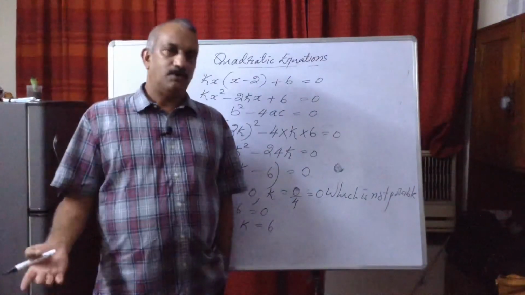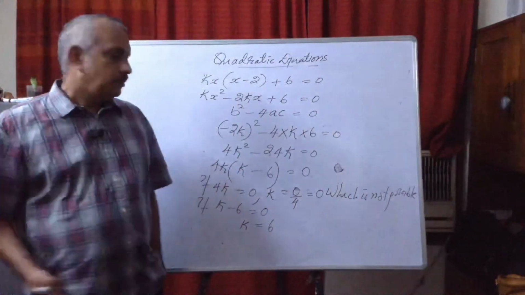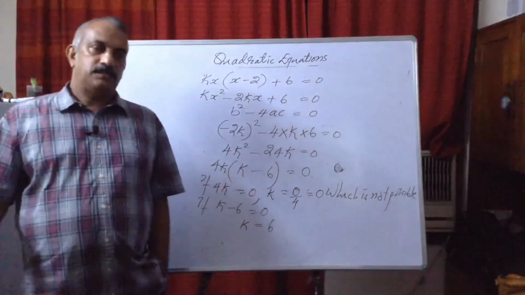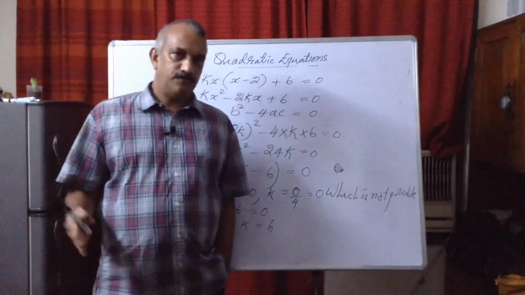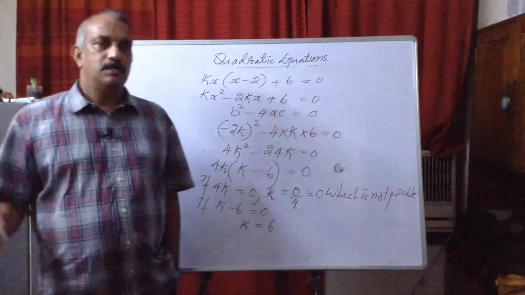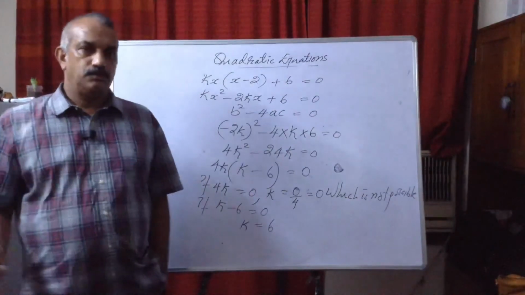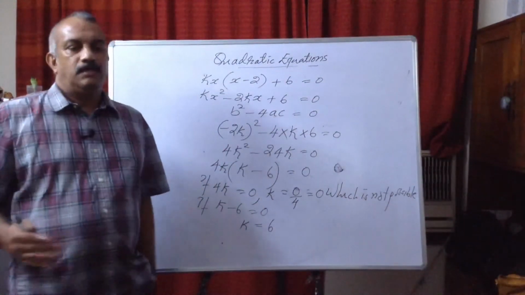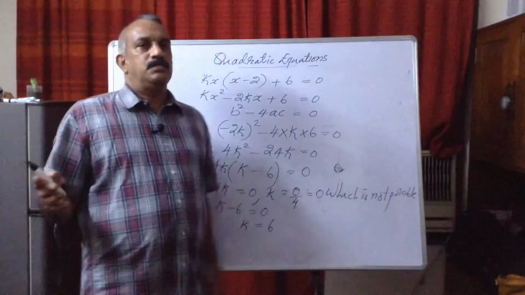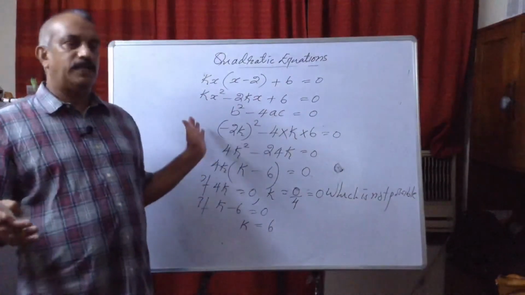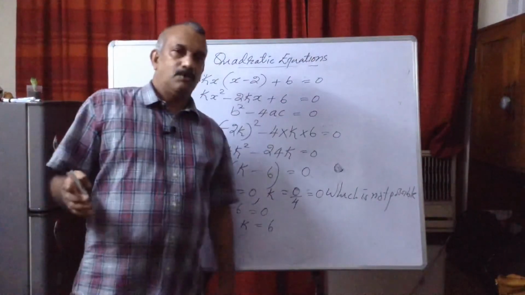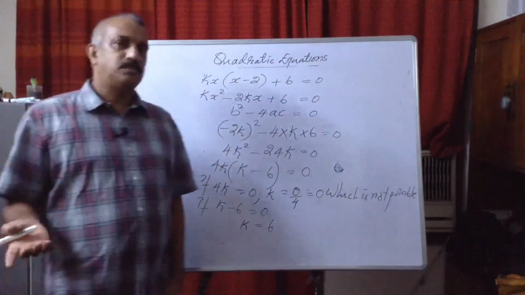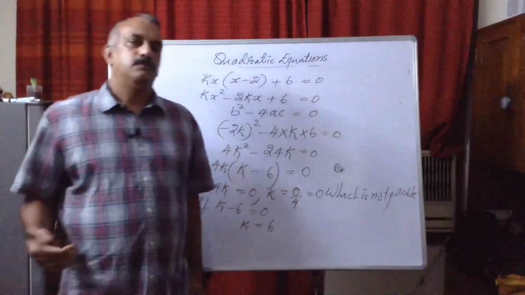Second is the quadratic formula: x is equal to minus b plus or minus square root of b square minus 4ac upon 2a. That also you should know. If the question says solve by factorization, do factorization. If it says solve by quadratic formula, do it by quadratic formula. If it is just solve, whichever method you feel is easy, you can use that.